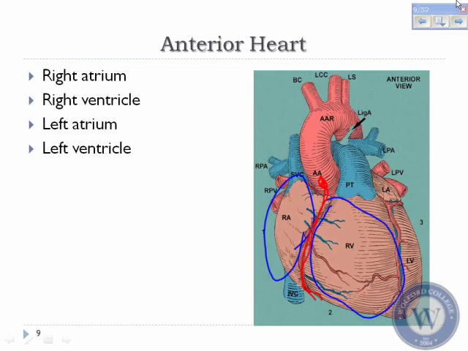The RV then pumps during systole and pushes blood through the pulmonary artery, which carries deoxygenated blood. So it's one of those few examples where you're talking about an artery, but it's deoxygenated. Pulmonary veins, on the other hand, carry oxygenated blood normally returning from the lungs towards the left atrium.